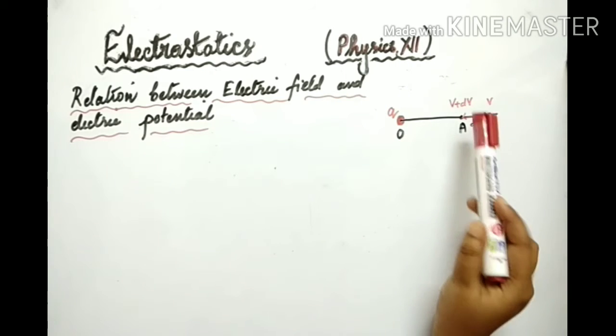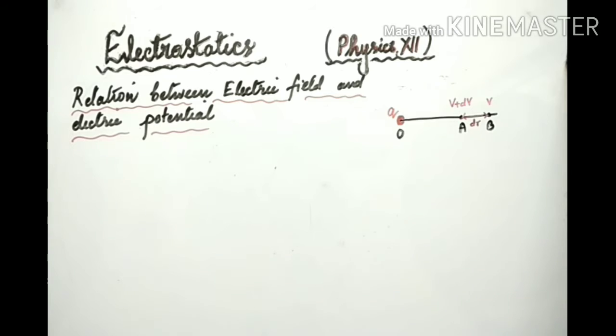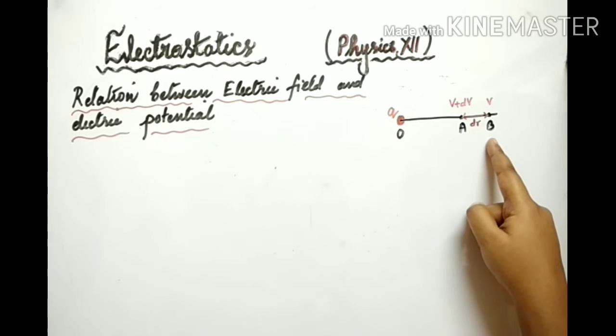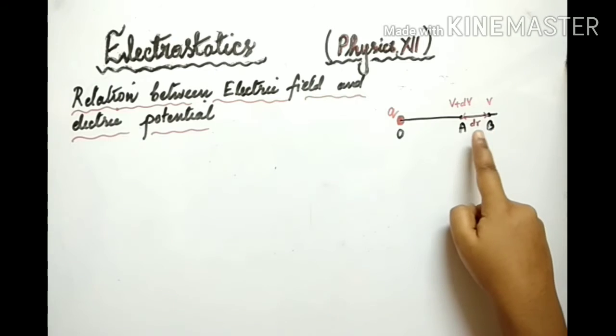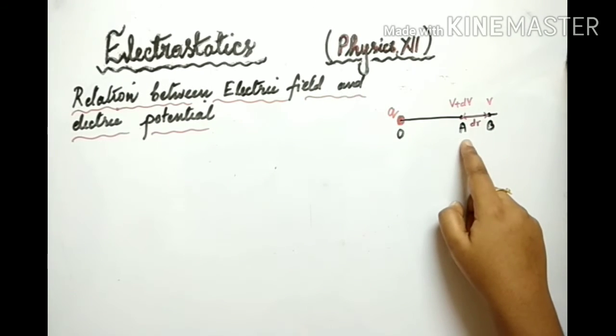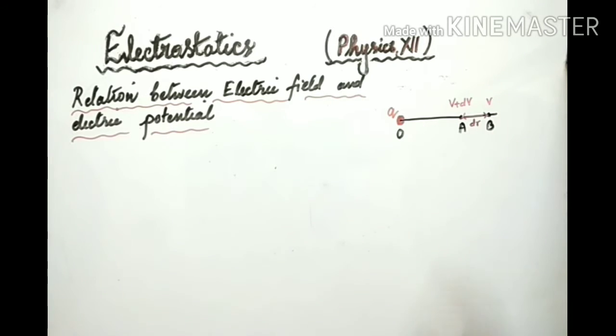Now point A has a potential V plus dV and B has a potential V. Now suppose you are bringing a charge from B to A, then what will be the work done in doing that? That we have to calculate.